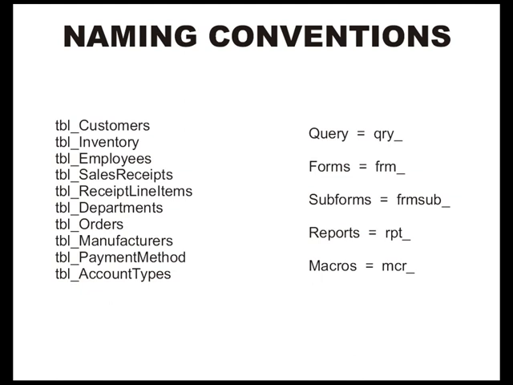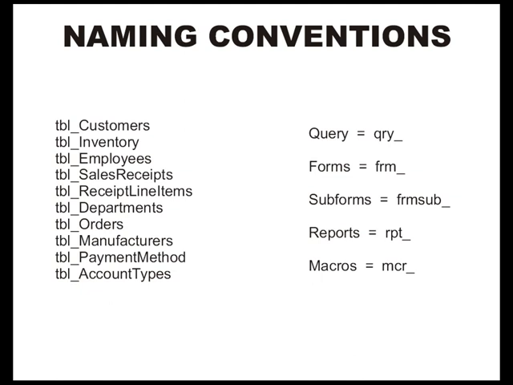Specifically, if you're going to use the underscore to separate your object from its prefix, query should have a QRY, forms, FRM, subforms, which we'll talk about later, reports, RPT, and macros. These are just a handful of the data types that need to be accounted for, but I think that this is a good compromise between a strict naming convention method that creates confusion and one that adds clarity.